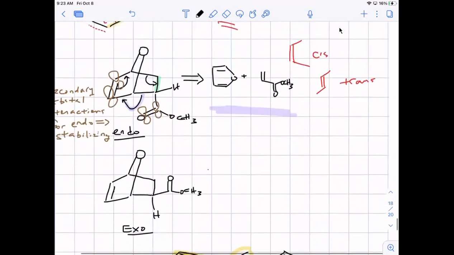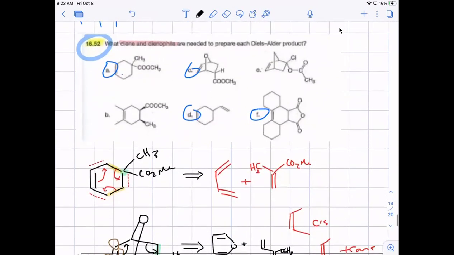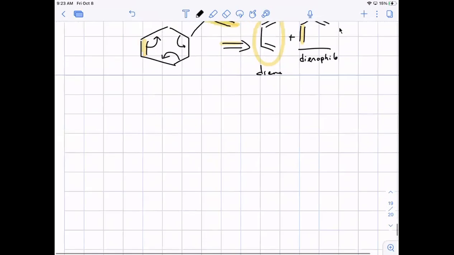Let's do the last one. It looks intimidating, but it's not intimidating at all. Let me just recreate that.